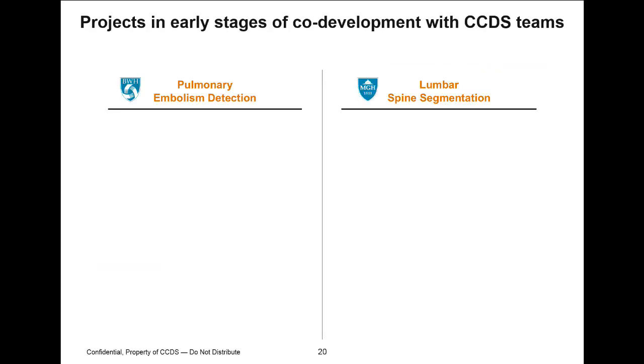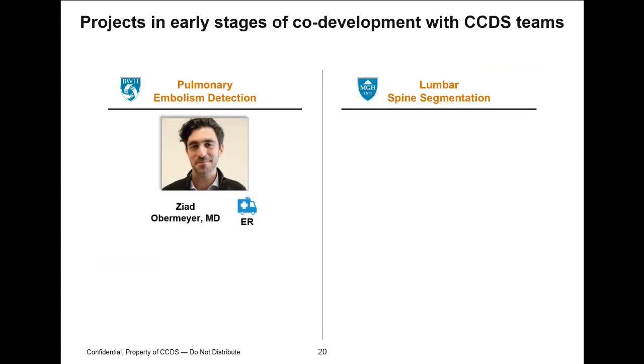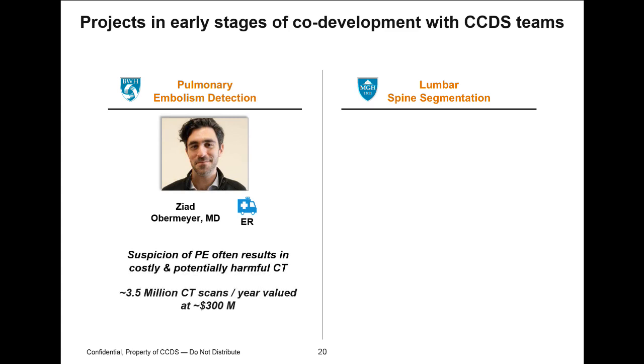Let me give you a couple of examples of some of the things we're doing. We're working with Ziad Obermeyer in the emergency room at the Brigham, and we are all familiar from our boards that chest X-rays do have features in them that could be indicative of a PE.